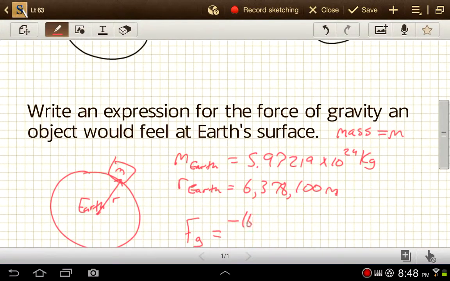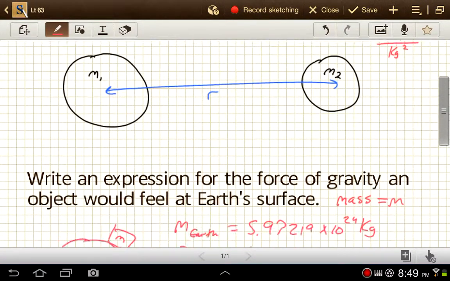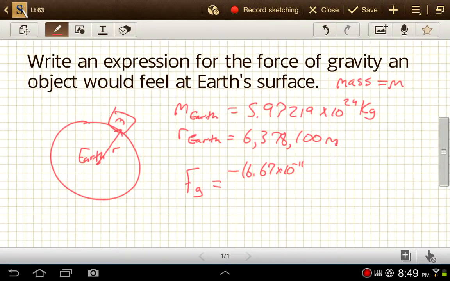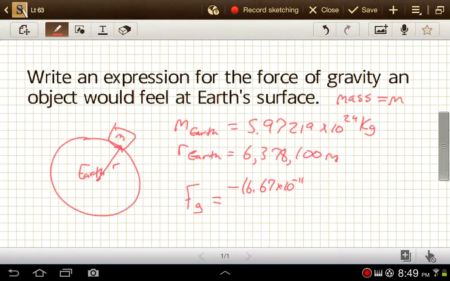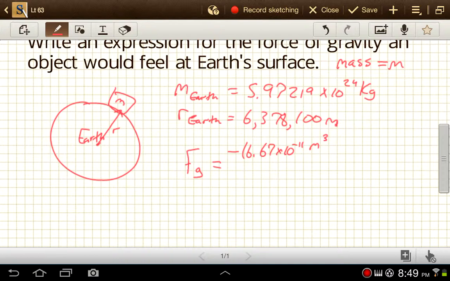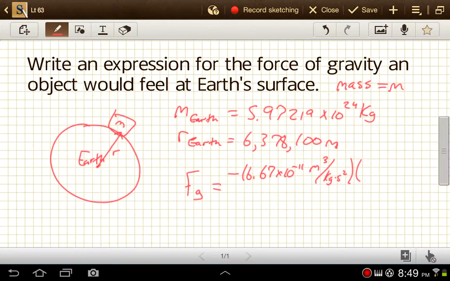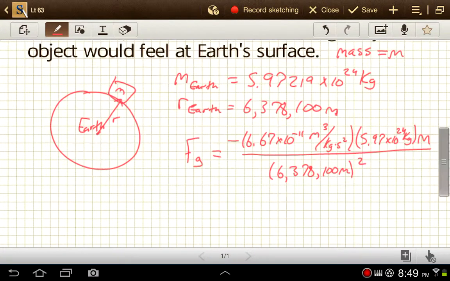It's negative 6.67 times 10 to the negative 11th, and we'll use the units that the AP test gives, meters cubed per kilogram second squared, times the mass of the Earth, 5.97, etc., times 10 to the 24th kilograms, times the other mass, m, divided by the radius of the Earth, 6,378,100 meters, and that gets squared.